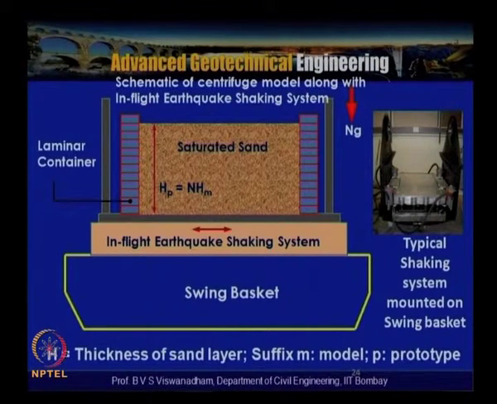In order to induce seismic disturbance to the models, there is a requirement of an in-flight earthquake shaking system. This in-flight earthquake shaking system is required to have high sophistication because, as we have said, for a model which is reduced by 1 by n times and subjected to n gravities, the frequency has to be n times that in the prototype, and the duration of the earthquake has to be 1 by n times that of the prototype.